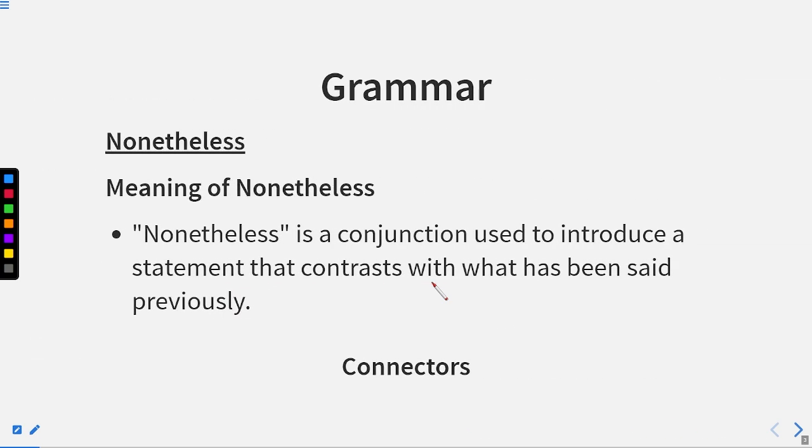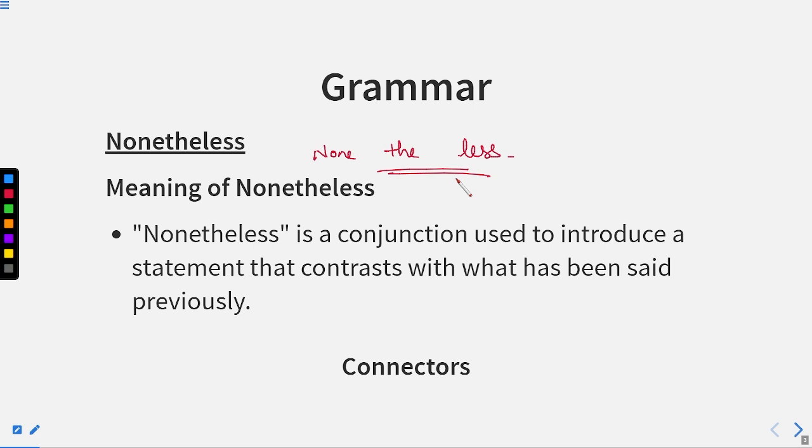Now in this word, you can see, if you just break this word like none the less. Basically, this structure does not matter, but let me just explain. Nonetheless, it means whatever has been said is not that much applicable to the next clause. Here we have two clauses.